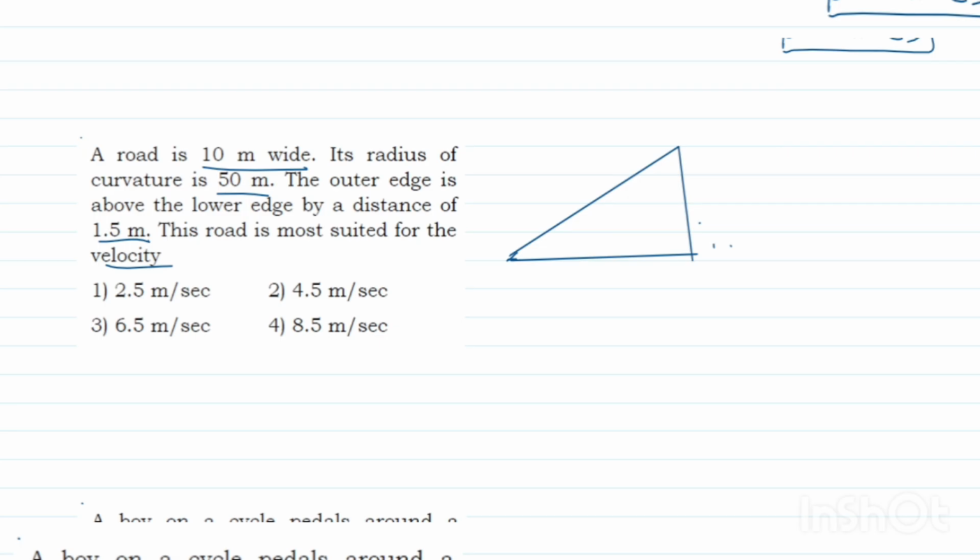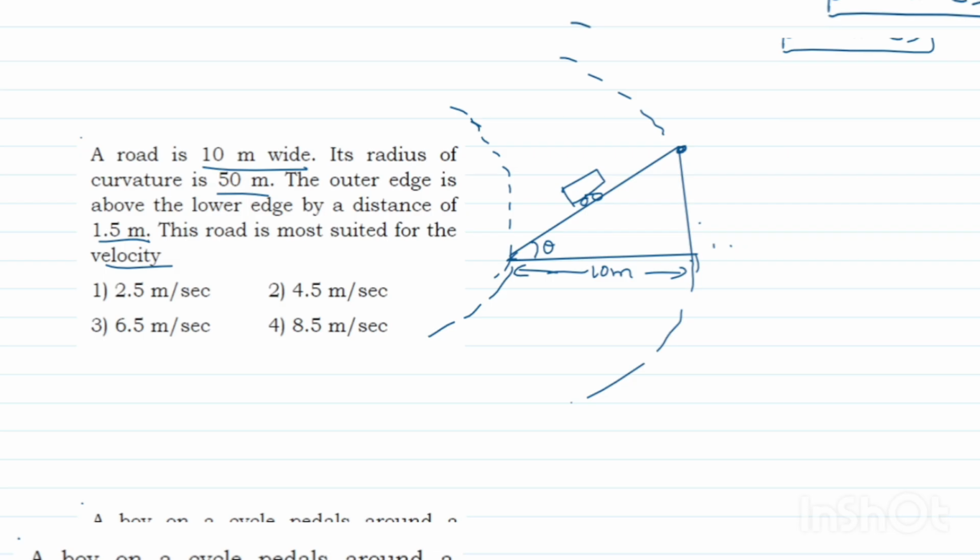When a vehicle is going to be moving, suppose any vehicle is moving, and the width of this road is given as 10 meters, and this is the outer edge of the road. You just imagine like this. This is a road. With the horizontal, it is making an angle, some theta.